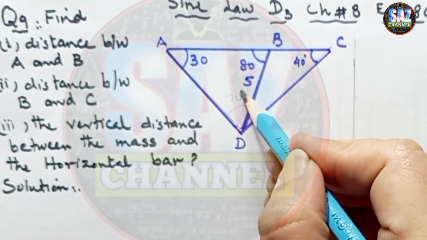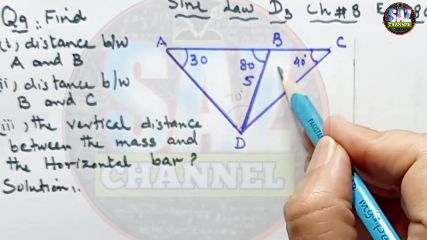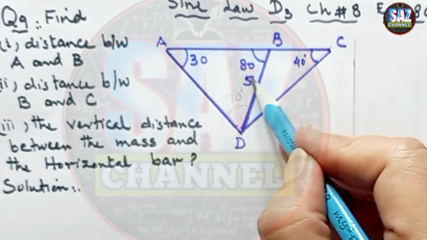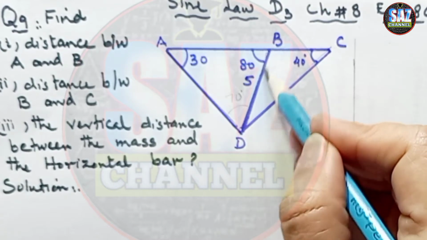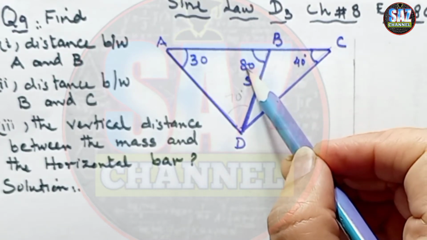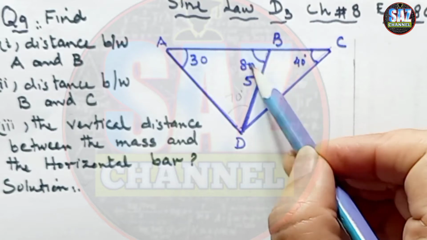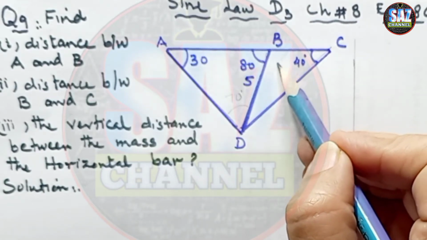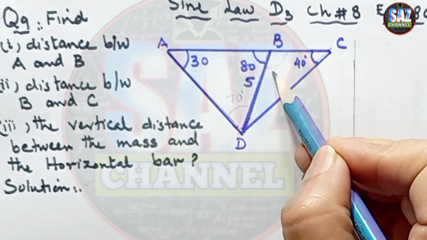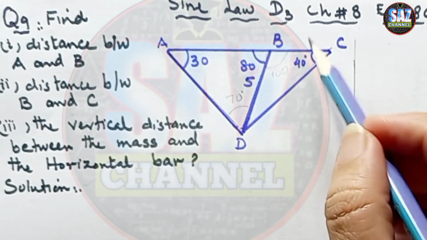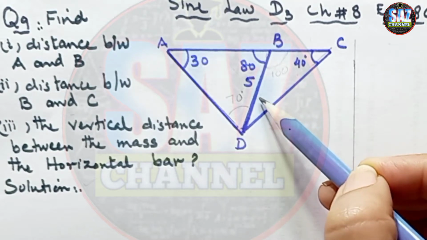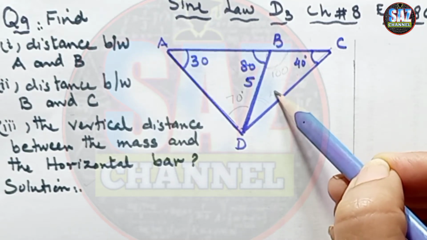Then if we look at this angle, we can see that this is the angle along the straight line. This is an example of adjacent angles, and if this is 80 degrees, I can take away this angle from 180 degrees, and I can get the value of this angle as well, which is 100 degrees. And now if this is 100, and this is 40 degrees, I can easily get this angle, and this is 40 degrees.